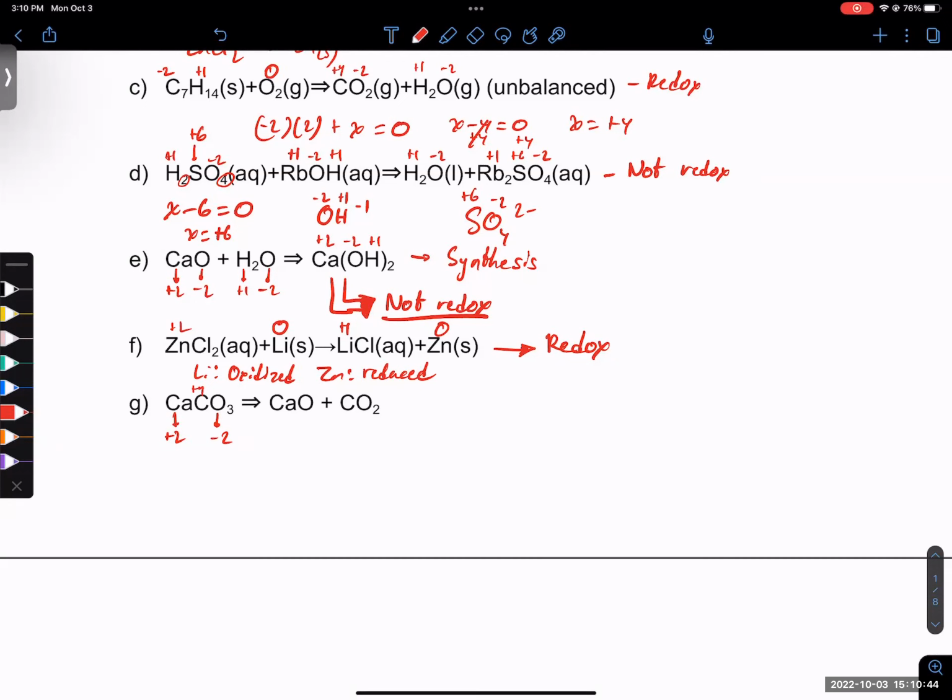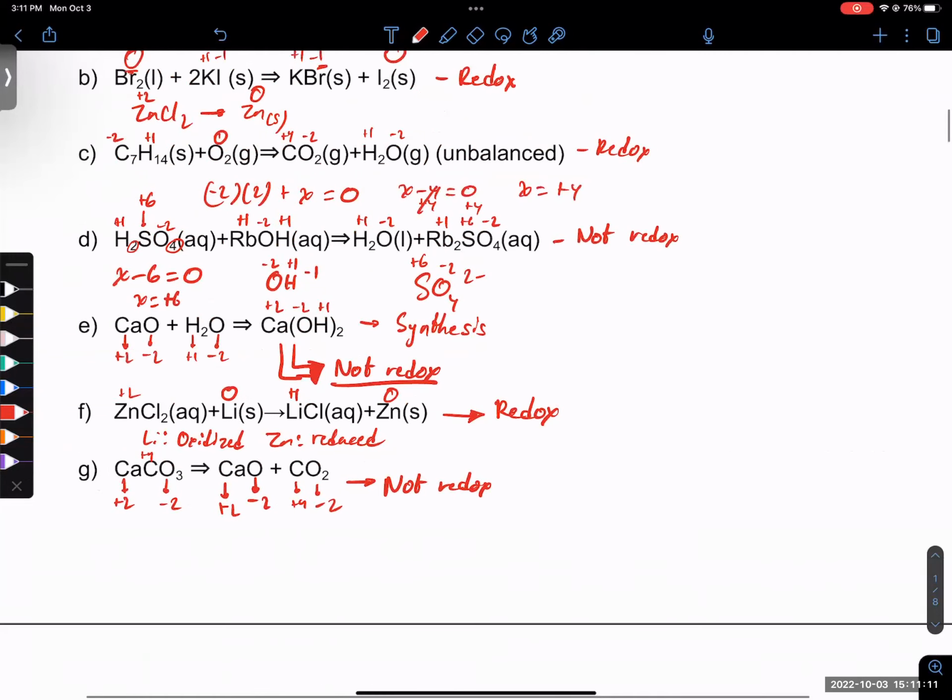Yep, that works out. And then for calcium oxide, oxygen's your -2, calcium's your +2. And then what about for carbon dioxide? +4 for carbon, -2 for oxygen. Pretty much. So is this a redox reaction? No, because there are no changes in oxidation state.